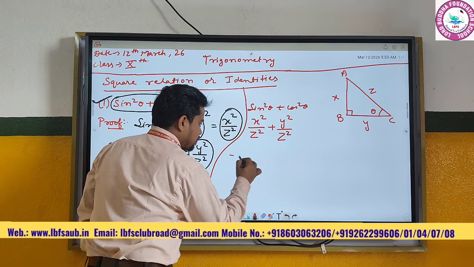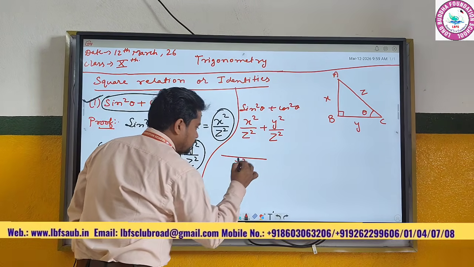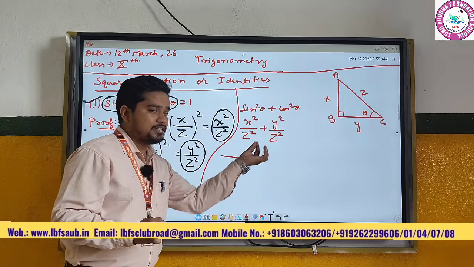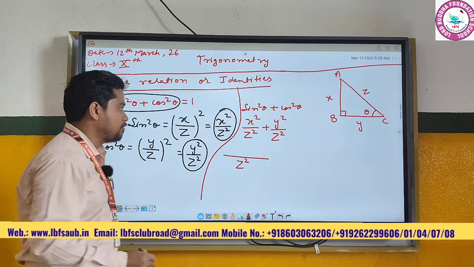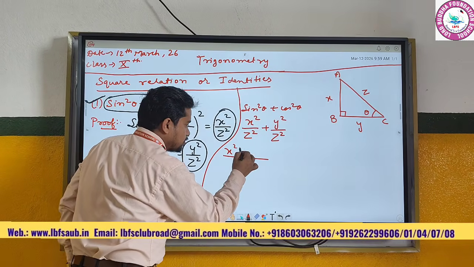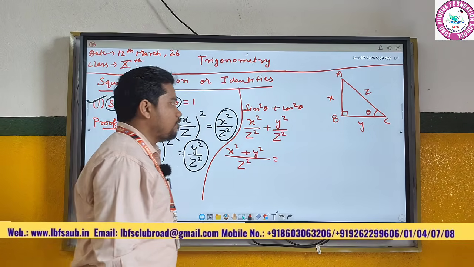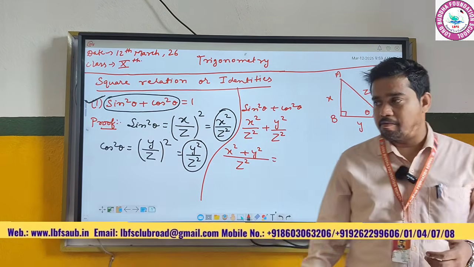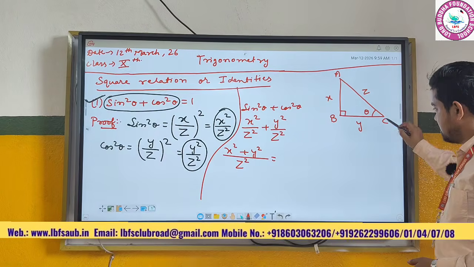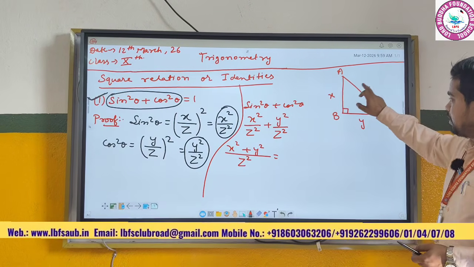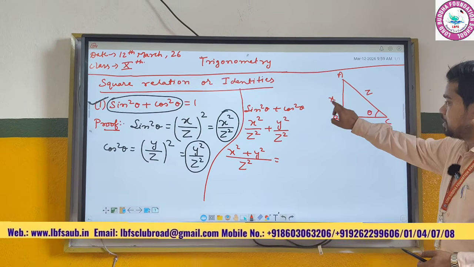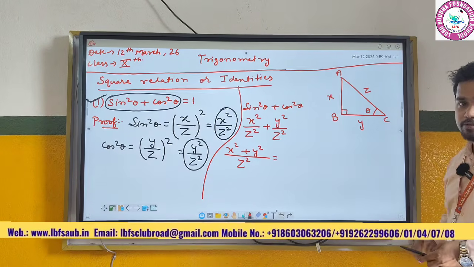The LCM of z square and z square will be the same, z square, and here it is x square plus y square. Now we can apply the Pythagoras theorem here. Suppose it is a right angle triangle. The value of z square will be x square plus y square.